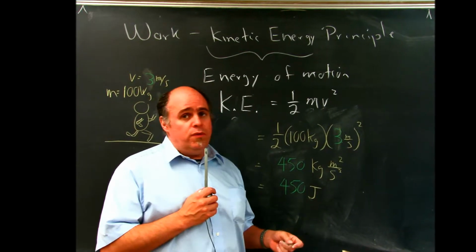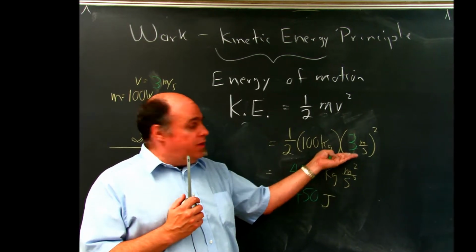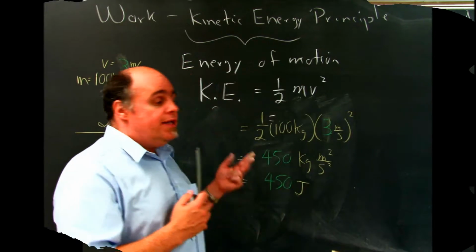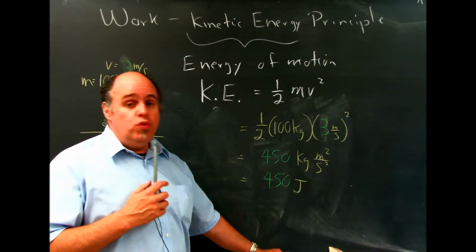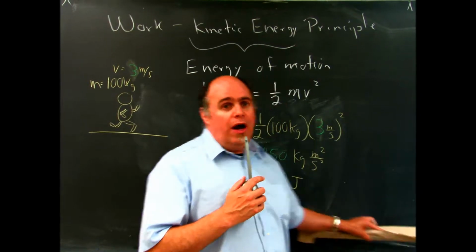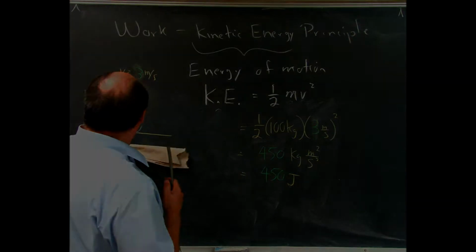We only increased the speed a little bit, but we ended up more than doubling the amount of energy involved. So that's how to use this new thing called kinetic energy. But let me erase this and then show you how to derive the work-kinetic energy principle.